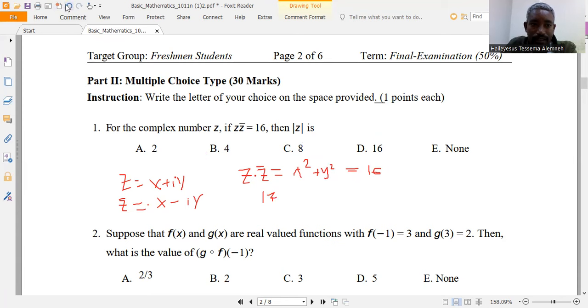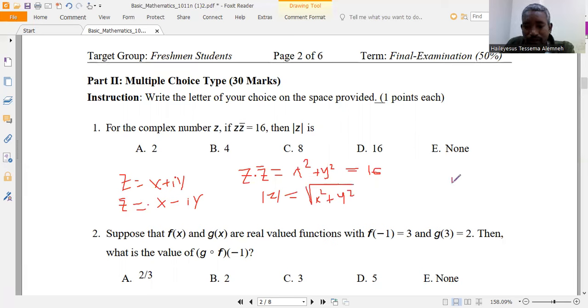The modulus is a distance, which is equal to the square root of x squared, the real part squared, plus the imaginary part squared, which is y squared. So the modulus of z is the square root of x squared plus y squared.